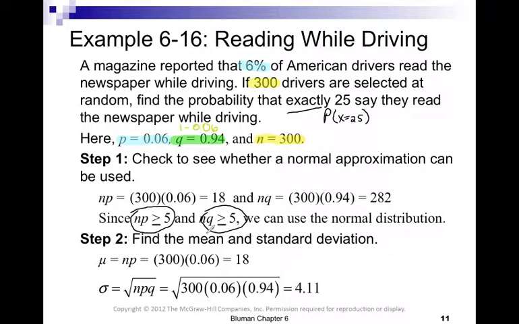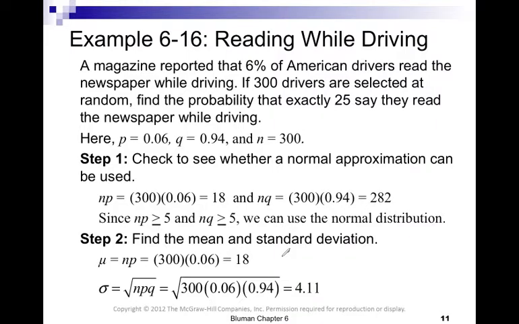If they are, we can go on with the problem. If not, we stop here. So find our mean and standard deviation using those formulas for the binomial distribution. N times P, 300 times 0.06, our mean is 18. And our standard deviation, the square root of NPQ, is 4.11. So that's steps 1 and 2.